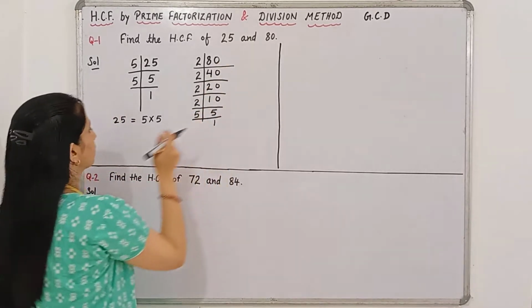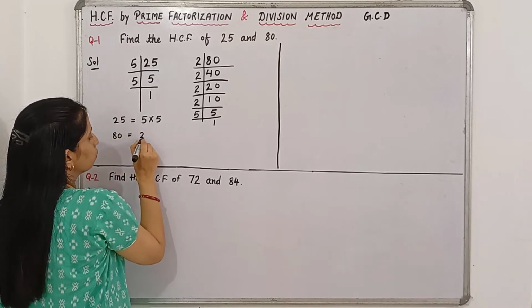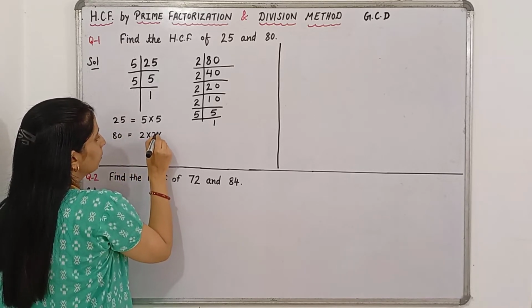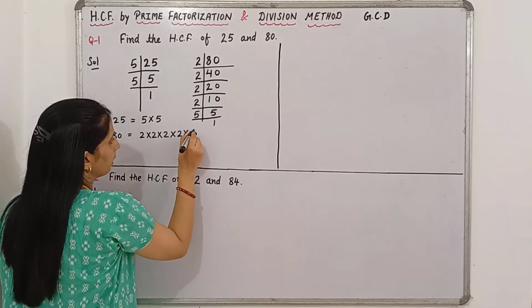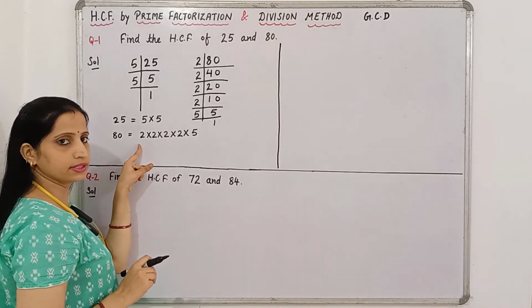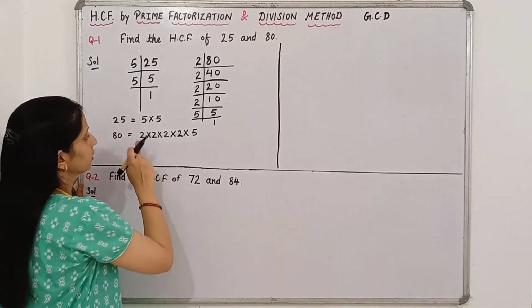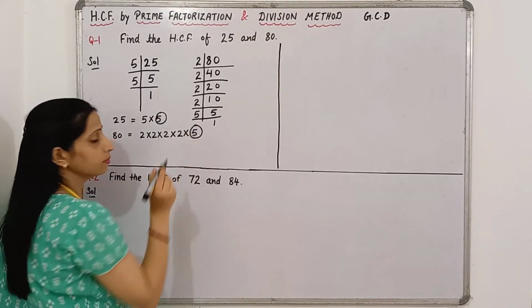So the prime factors of 80 will be 2 multiplied by 2 multiplied by 2 multiplied by 2 multiplied by 5. Now we will find out the common factors between these two numbers. So what are the common factors? We can see that only 5 is common in both.